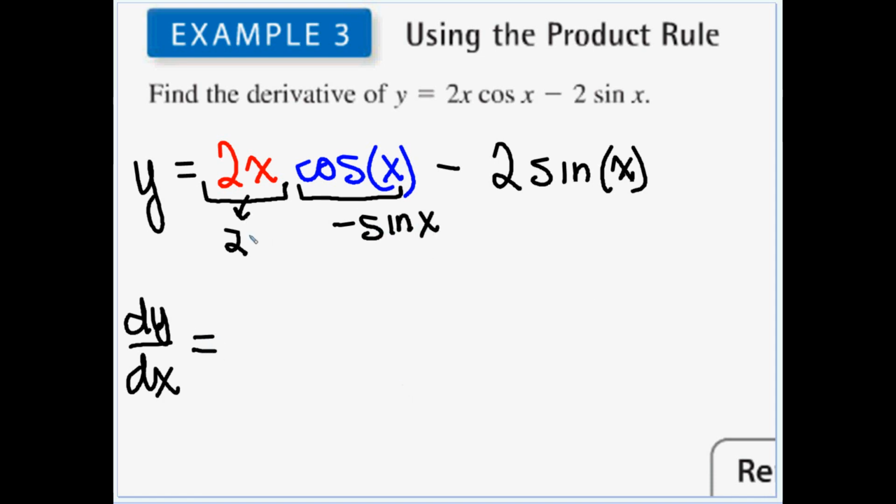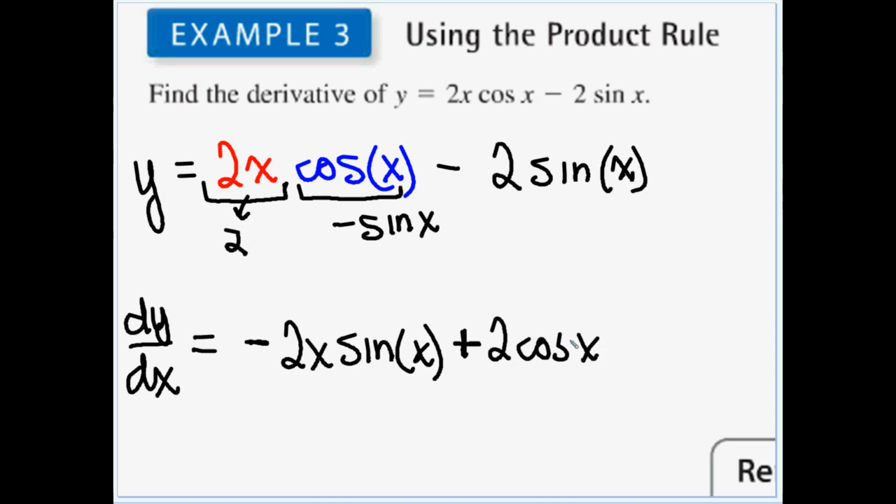So first we got to apply our product rule. We're going to multiply on the diagonal. 2x times minus sine x will be a minus 2x sine x. Plus, we multiply on the other diagonal, 2 cos x, 2 cos x.